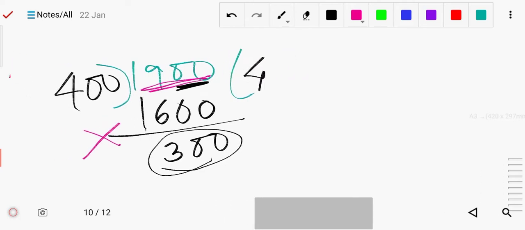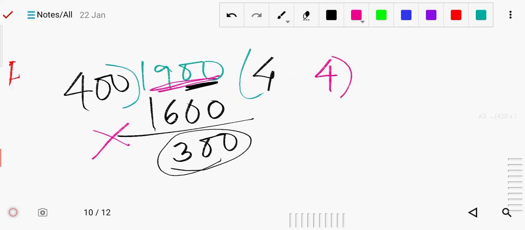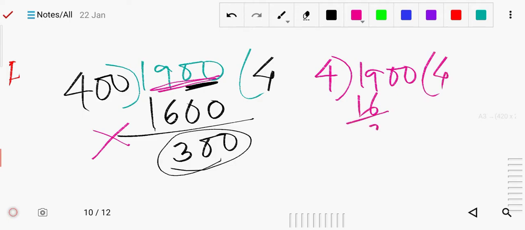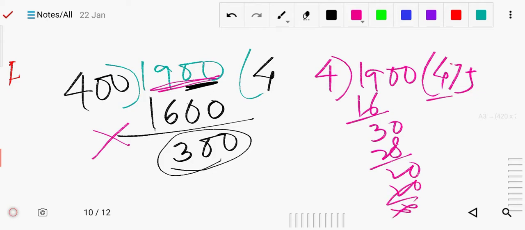And you can check this example also. If you divide it by 4, 4 4s are 16, there will be 3, then 0, 4 7s are 28, then 2, 0, 4 5s are 20. Now you can see that it is divisible by 4, so it should be a leap year, but no, it is wrong.